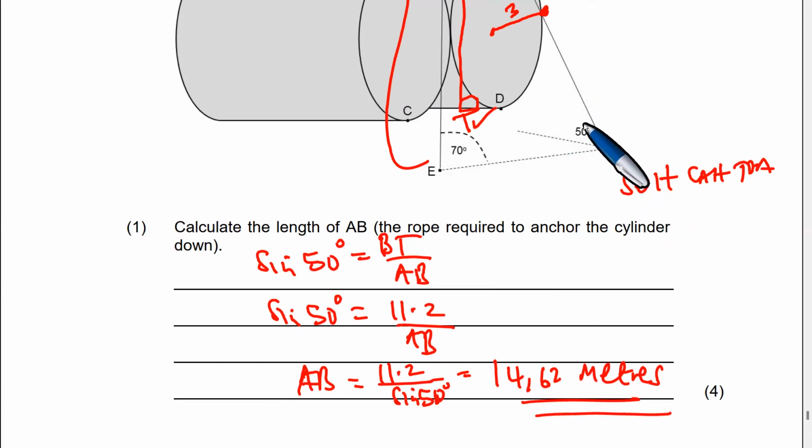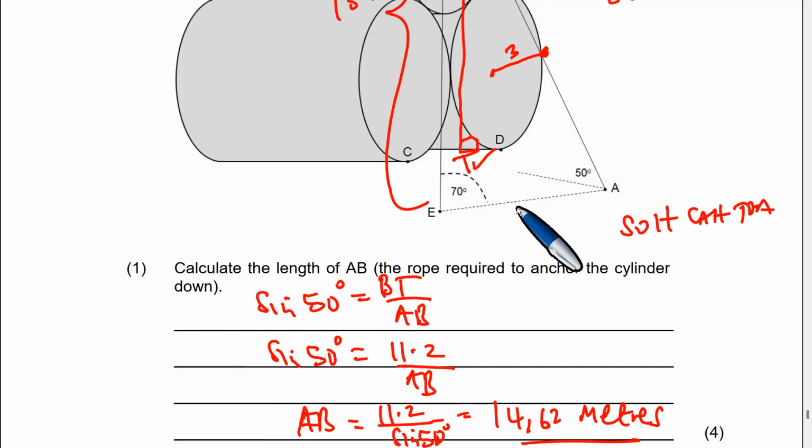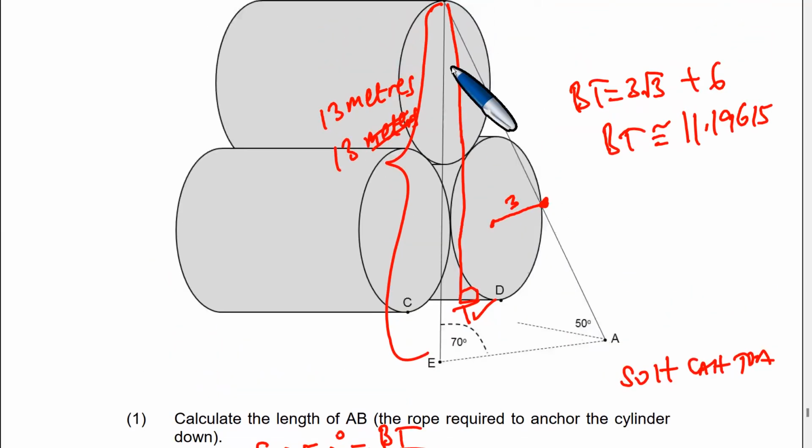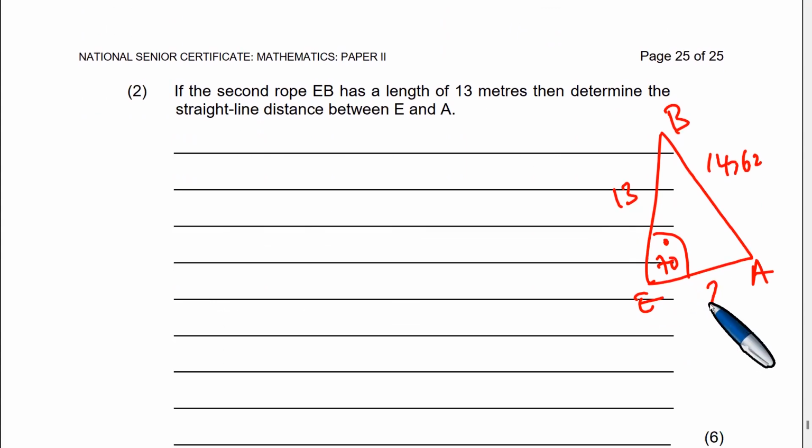But now if you understand that this angle is on the other side, and the 70 is here, we will be interested in finding the size of the angle B. How do we find the size of the angle B?